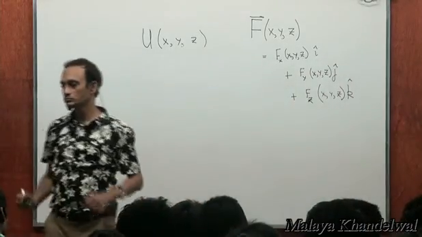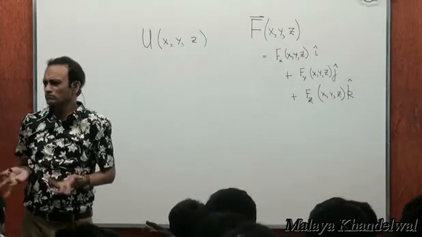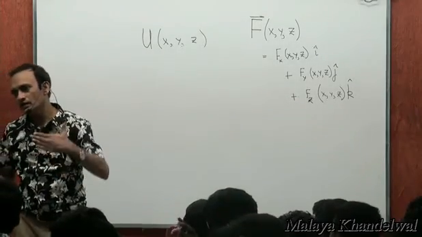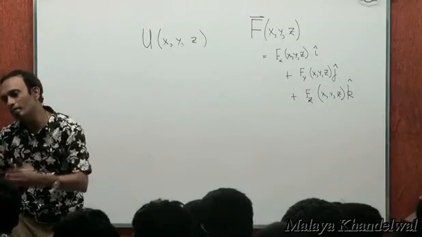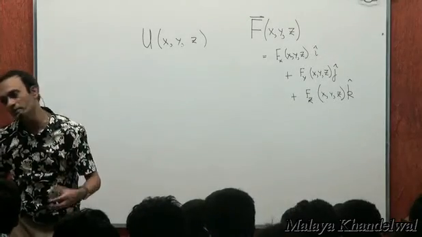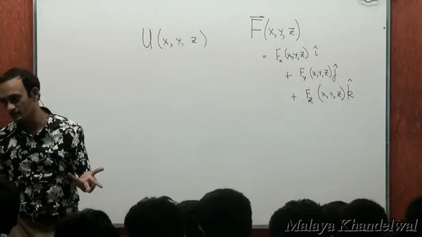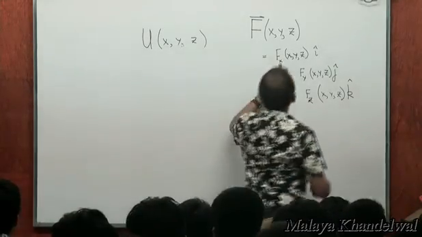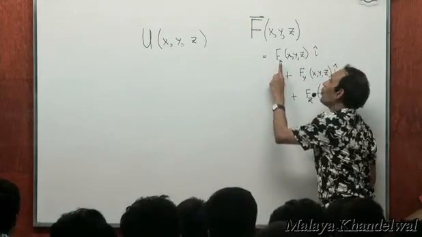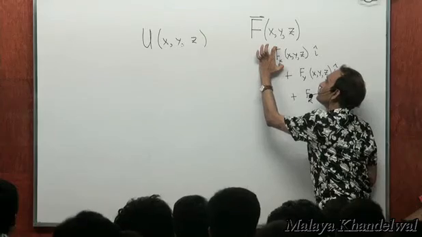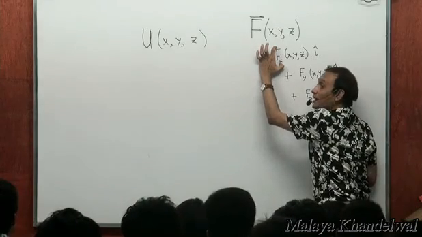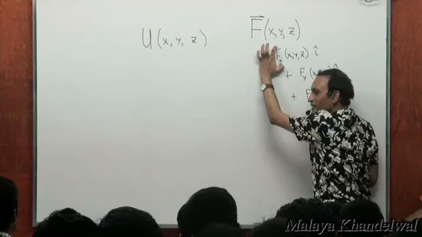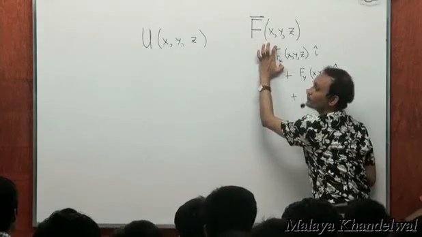Why will it be dependent on all three and not only one? No, why should it not be? It will depend on where the point P is. The x component of the force will depend on where the point P is, that means what its coordinates are, x, y, z. When I say Fx, it doesn't mean that it depends on the x coordinate. All that it means is it's the magnitude of the component of the force parallel to the x axis. It doesn't mean that it will depend only on the x coordinate of the particle.